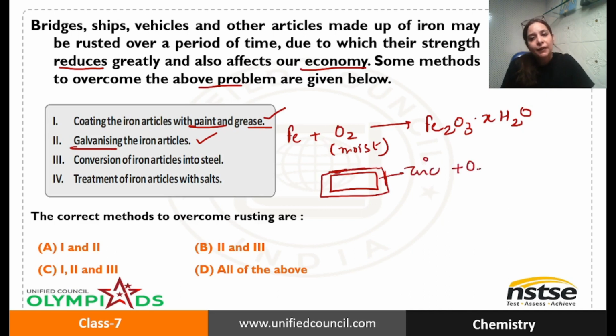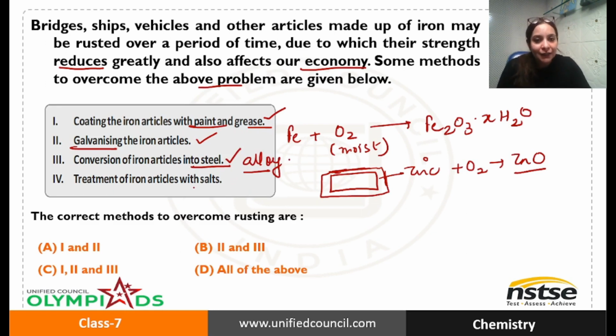Zinc when it comes in contact with oxygen forms zinc oxide. And this layer of zinc oxide is impermeable. It doesn't allow anything to enter into it. Therefore, the underlying iron remains protected from rusting. Conversion of iron articles into steel. Yes, of course, because steel is an alloy of iron and it is resistant to corrosion.